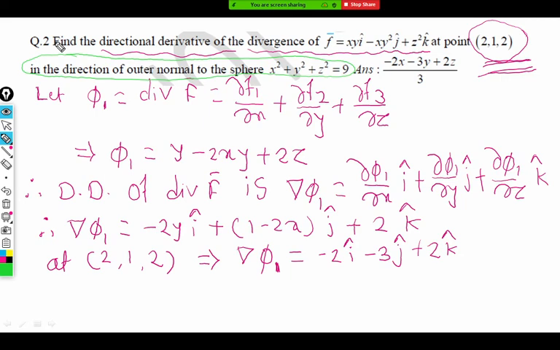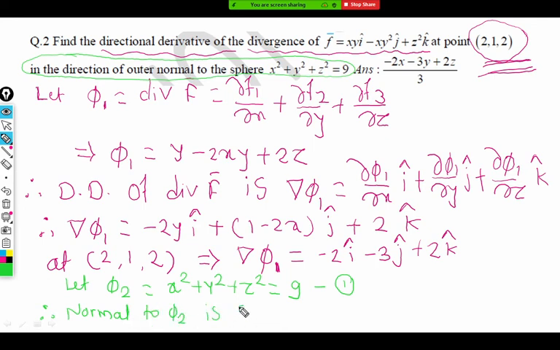So first of all, let me denote that surface equation by phi 2. Let phi 2 be the second surface that we have, which is x square plus y square plus z square equal to 9. So this is the equation of the sphere, the equation of the surface. I'll give this as equation 1. Therefore the normal to phi 2 is del phi 2.